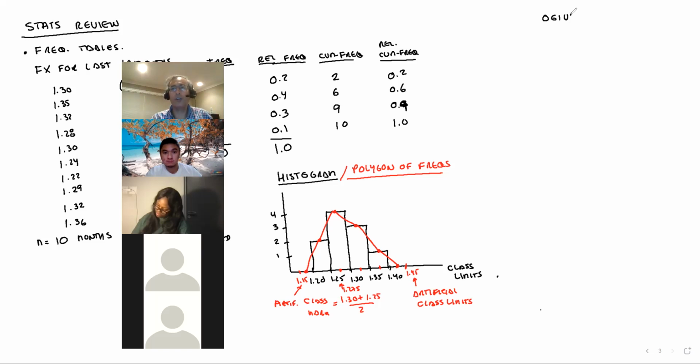What is known as the OGIF? The OGIF, guys, represents the cumulative frequencies, the relative cumulative frequencies.